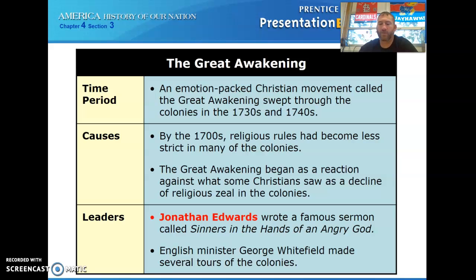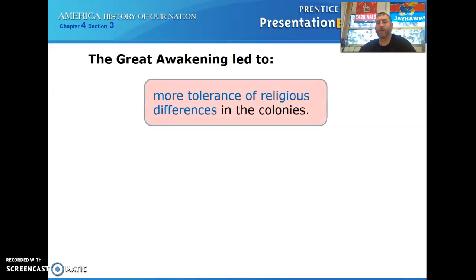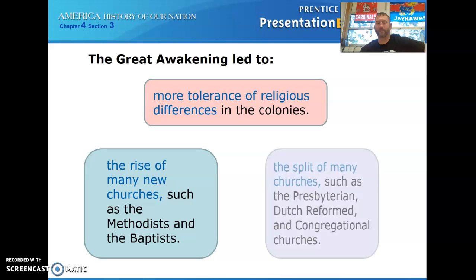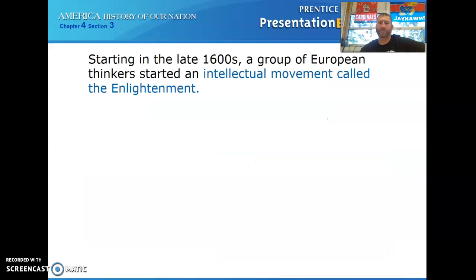English minister George Whitefield made several tours of the colonies. This Great Awakening led to more tolerance of religious differences in the colonies, and it led to the rise of many new churches such as the Methodist and Baptist, and the split of many churches such as the Presbyterian, Dutch Reformed, and Congregational churches.